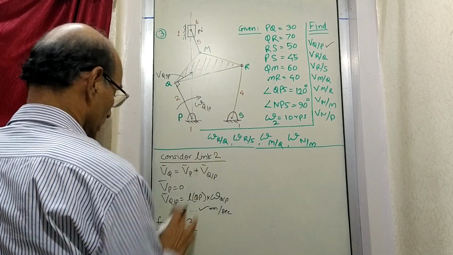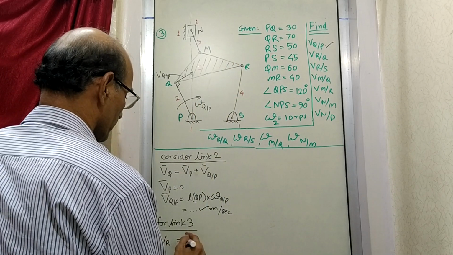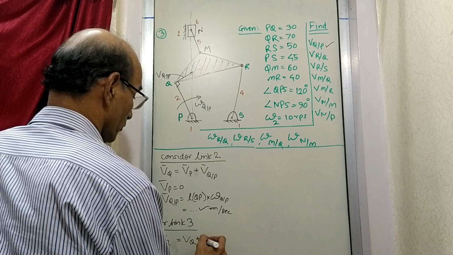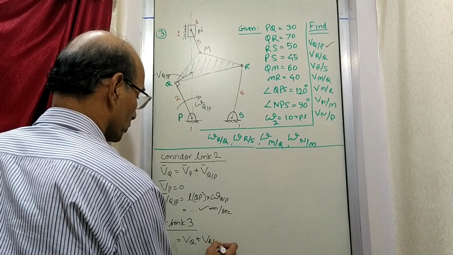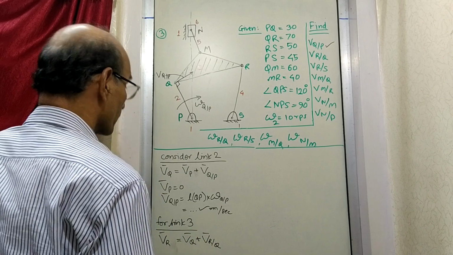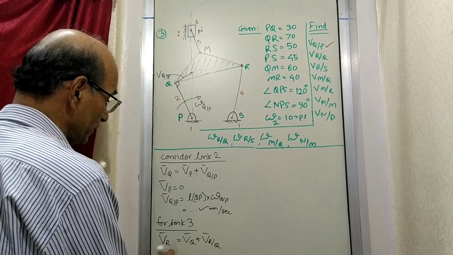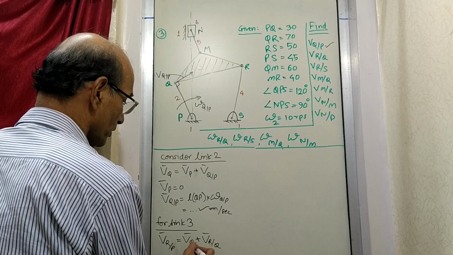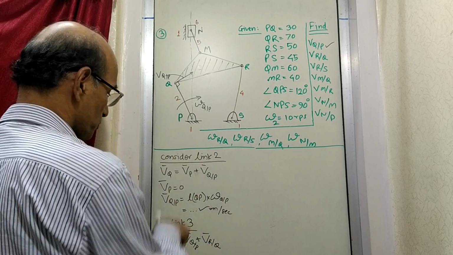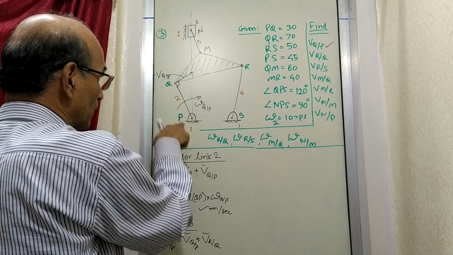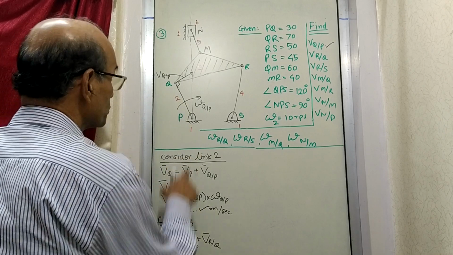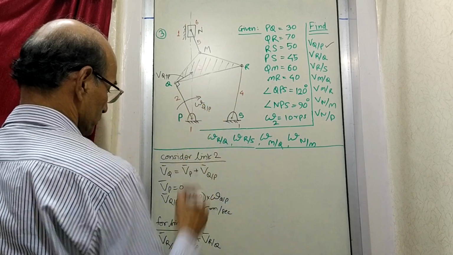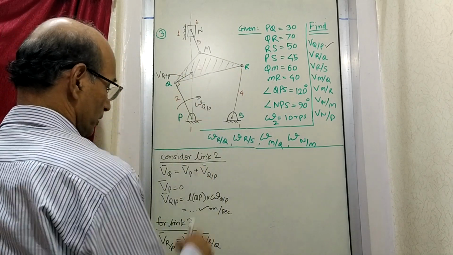Velocity of R is equal to velocity of Q plus velocity of R with respect to Q. When we don't write anything, the meaning is the fixed point, so it is P, but we don't write the fixed point. So velocity of R with respect to P is equal to velocity of Q with respect to P plus velocity of R with respect to Q.